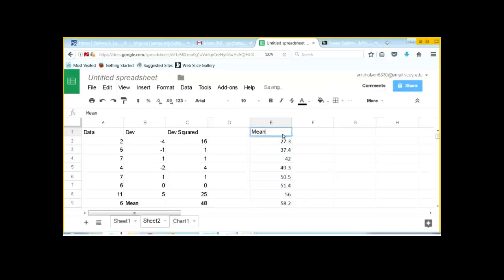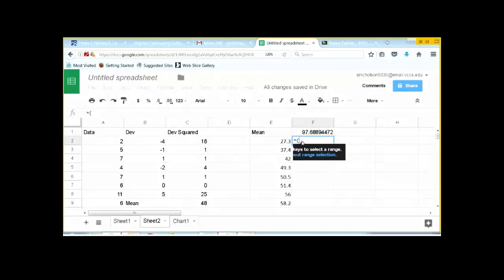I'm actually going to do the mean up here. That would be equals average, and it's going to be E2 through E200. So I get 97.688. Okay.